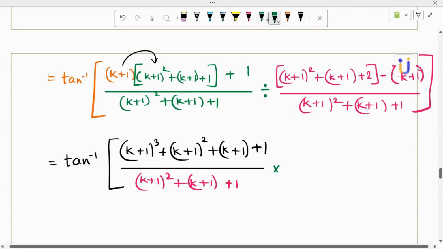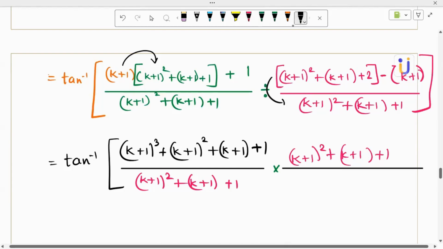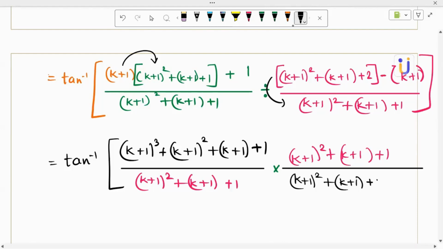This stuff will go there, and the numerator and denominator will get exchanged. So the denominator first I will copy it over there: k plus 1 the whole square plus k plus 1 plus 1. And the denominator goes like this. So this will come here, right? So k plus 1 the whole square plus k plus 1 plus 2.